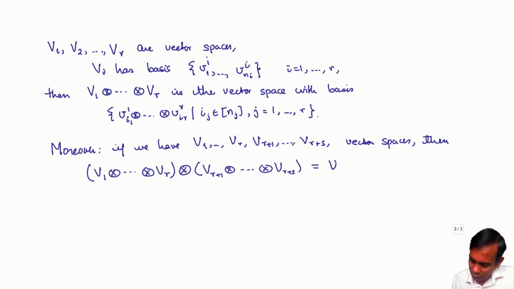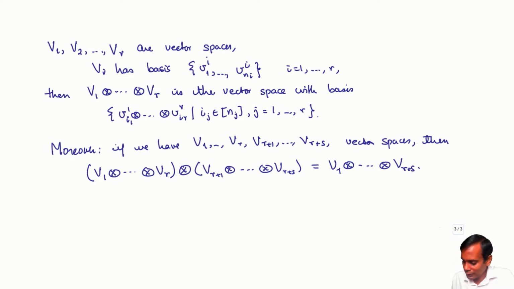This is the same as the vector space V1 tensor all the way down to V_{R+S}. So this is just because these things essentially have the same basis. Just think about it a little, it's quite clear.